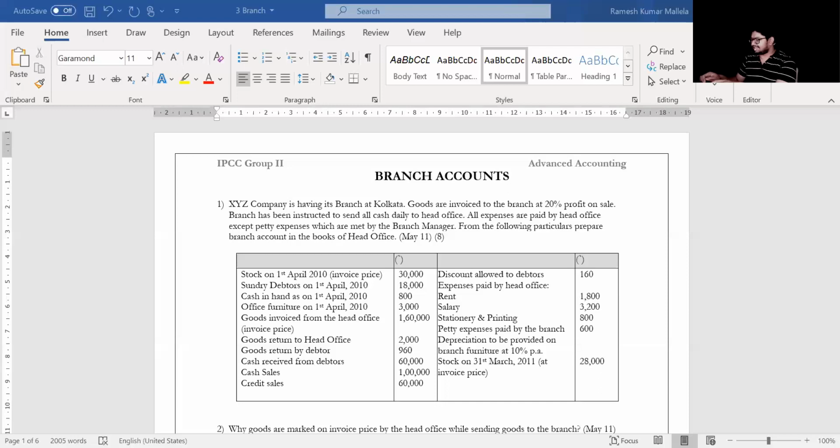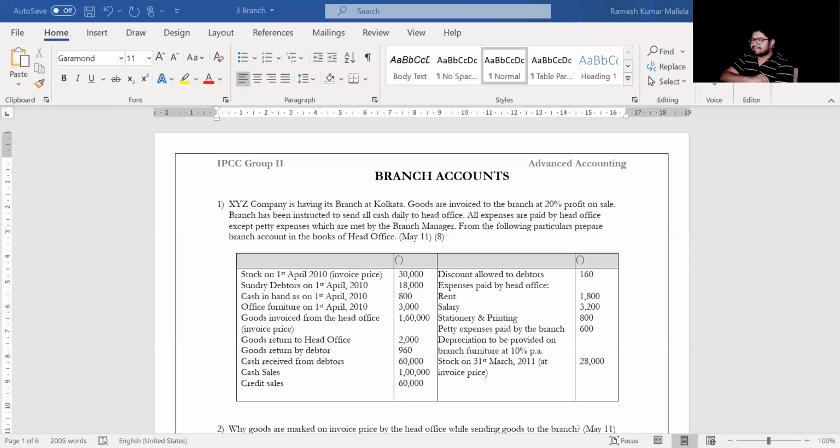Then there is cash in hand, which is 800. Then you have furniture, which is 3,000. So you have started with opening balances first.